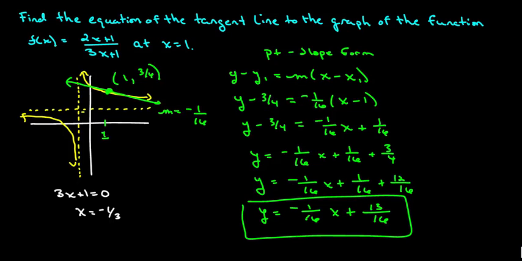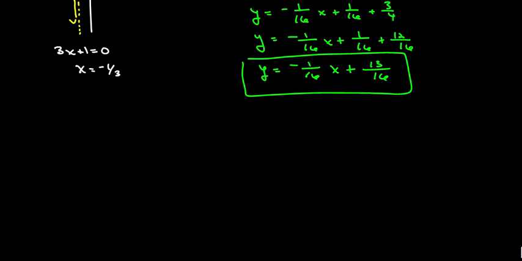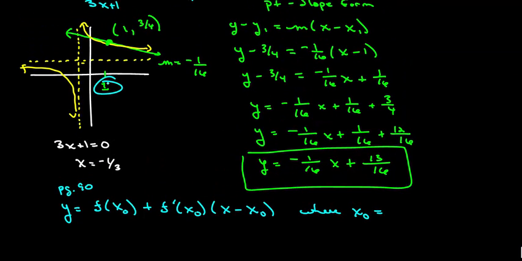Now another way to do it, and I'll check these in just a minute, is to go ahead and use the formula that's given to us. So the formula says that the equation of the tangent line, now this formula is given on page 90, the tangent line is equal to the function evaluated at the point plus the derivative of the function evaluated at the point times x minus x naught, where x naught is equal to this guy right here.